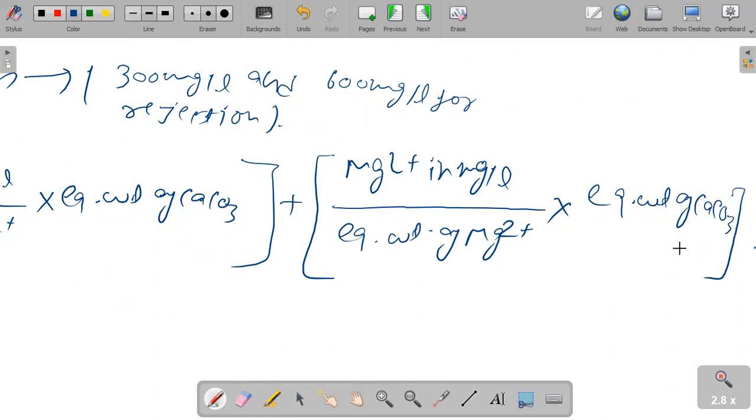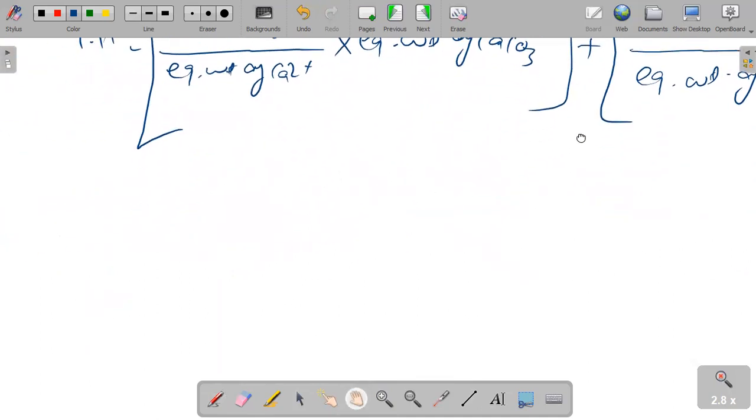And we have one more modified formula to calculate total hardness.